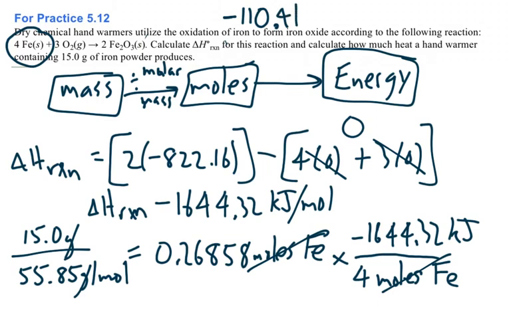Okay, kilojoules. If you want to use significant digits, since there are 3 in the question, we could just put negative 110 and put a dot there, and that should be fine. That's how many kilojoules are going to be released, negative 110 kilojoules.